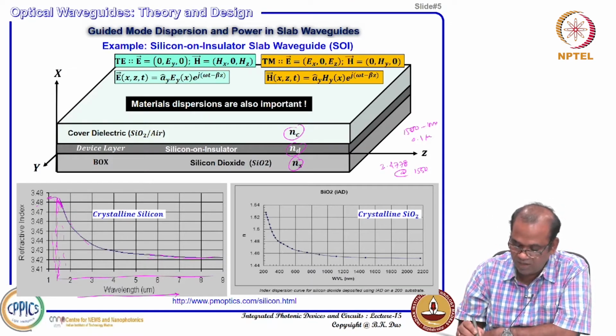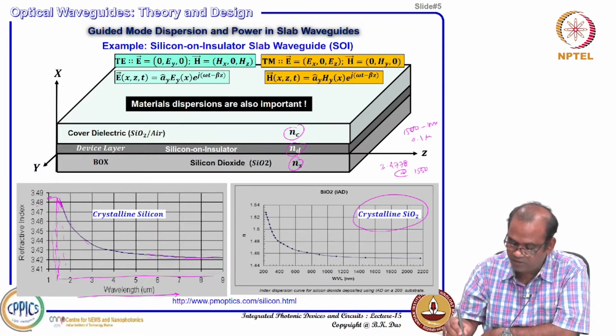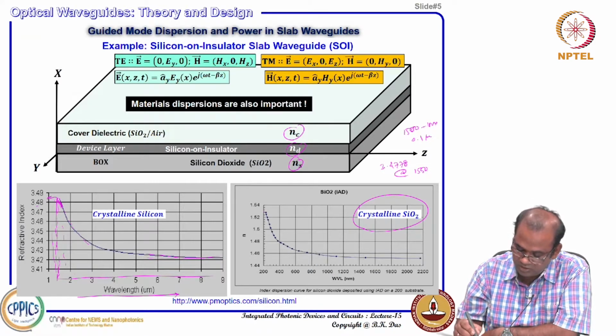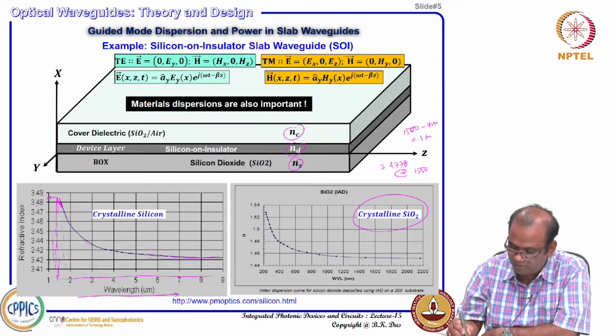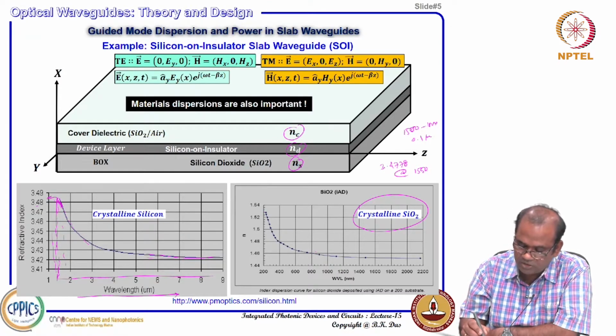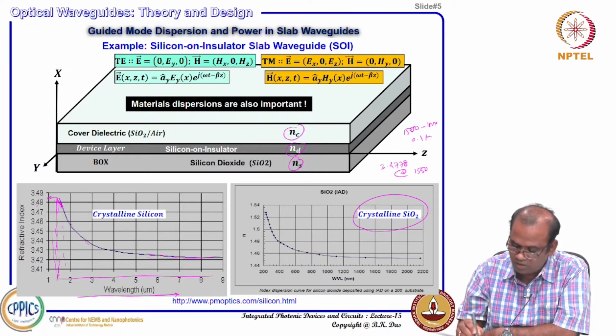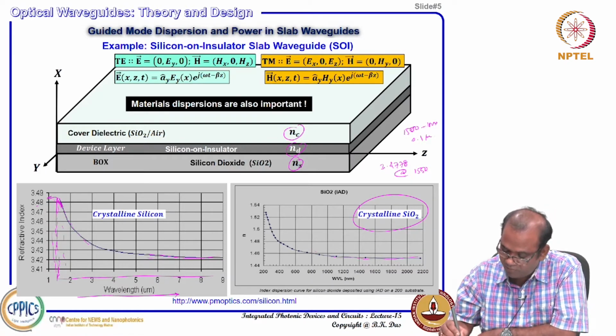Similarly, for silicon dioxide, it is shown starting from 200 nanometer up to 2.2 micrometer in this graph. Initially, up to the visible region, 800 nanometer, 1000 nanometer, it is dropping from 1.53 to 1.45 or so, and after that it is almost nearly constant around our operating wavelength region.